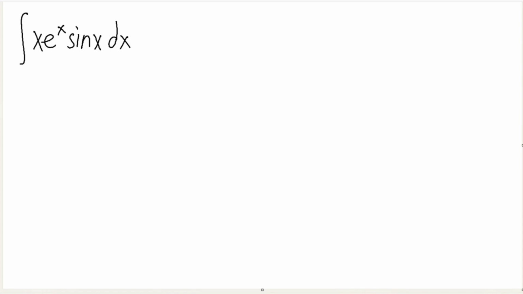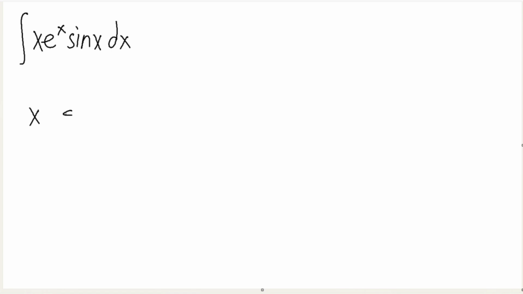Now, decisive. Why is this a decisive integration by parts? The reason I call this decisive is because there are so many different paths that you can integrate by parts.